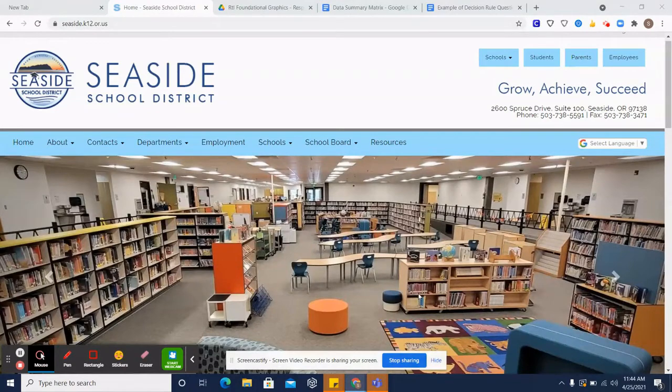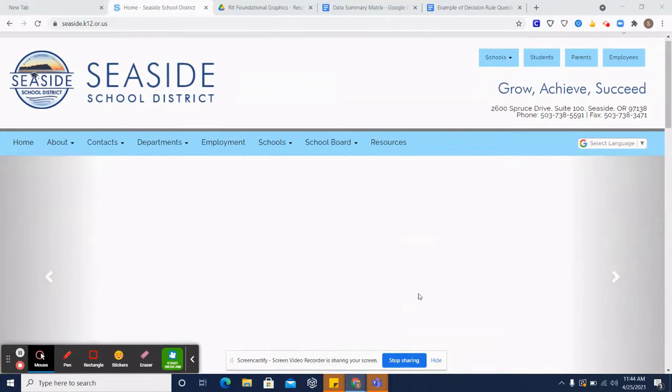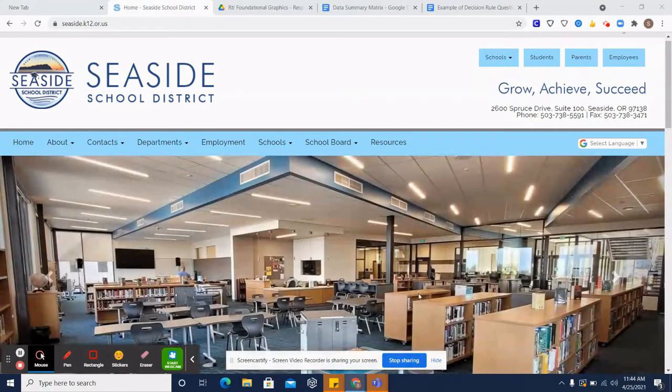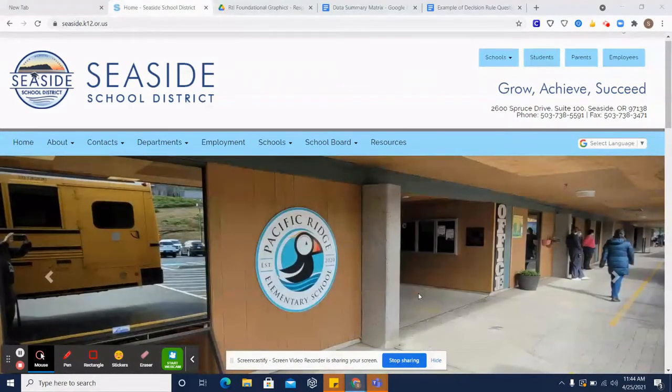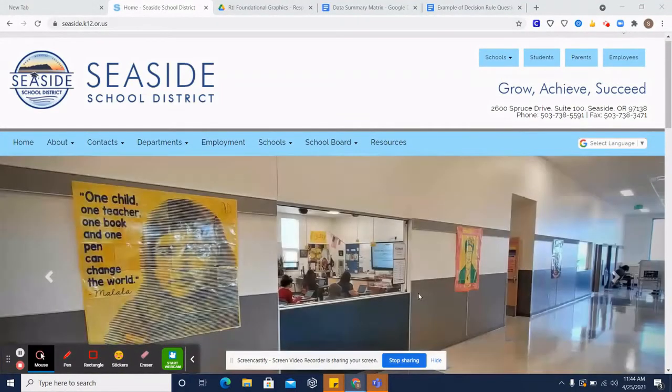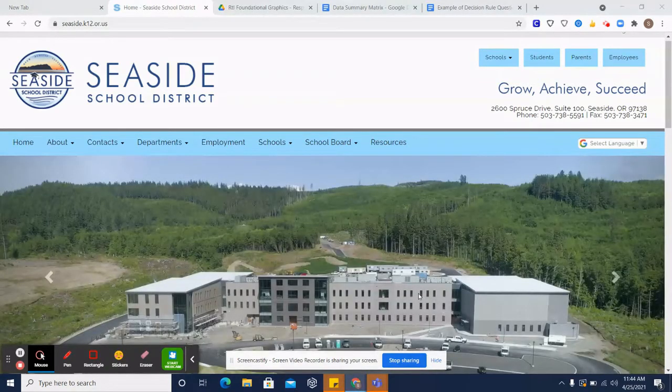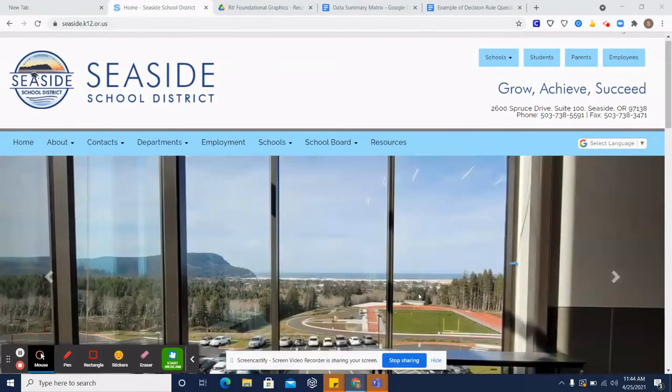And neither do we. But I should say before we start that we did work on a plan for our district. We call it a data summary matrix. And we worked on it with our special services director, as well as our school psychologist and our speech language pathologist, to really try to come up with a way to make sure we had a full picture of a student before we move forward on any identification procedures.